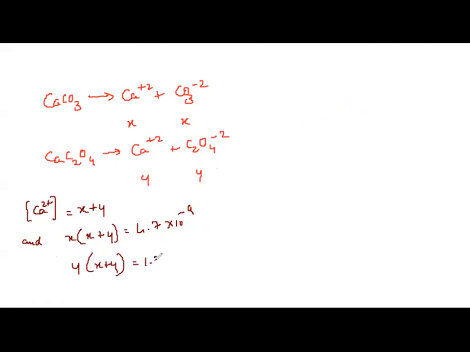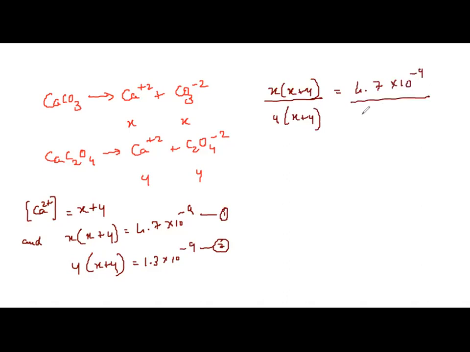It is given as 1.3 into 10 raised to minus 9. Let me call this equation 1 and this equation 2. Divide the equations. X of X plus Y divided by Y of X plus Y is equal to 4.7 into 10 raised to minus 9 divided by 1.3 into 10 raised to minus 9.